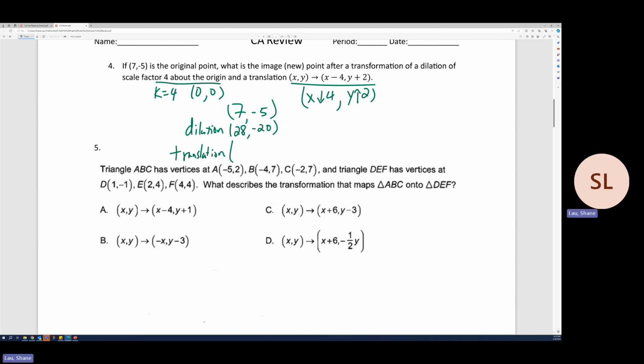Our x value is going to decrease by 4, so 24. Our y value is going to increase by 2. We should have -18. And that is our correct answer here. Okay. So make sure that you get that part done.